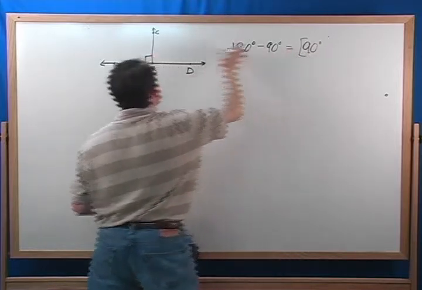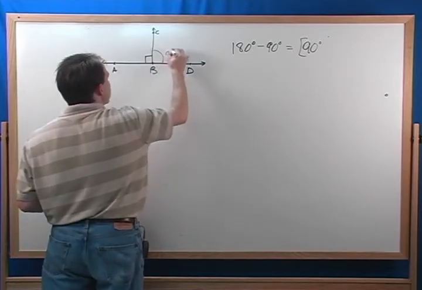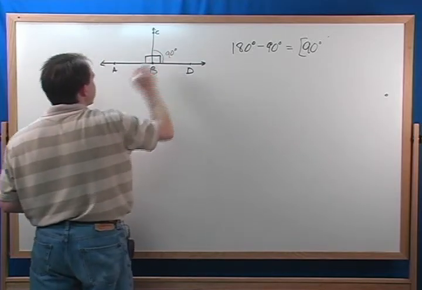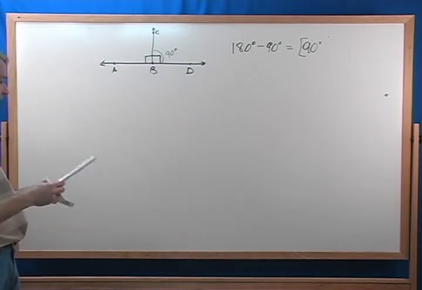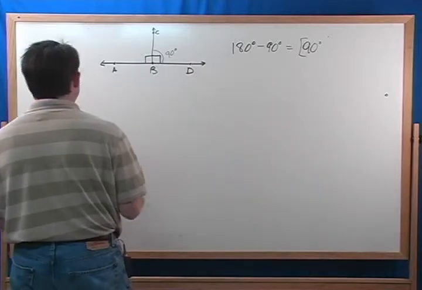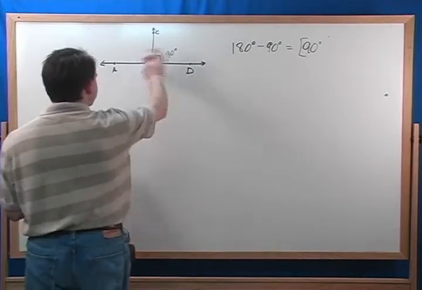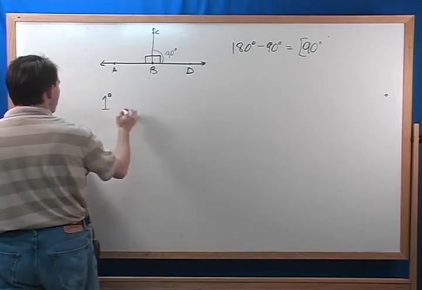90 degrees is the supplement to 90 degrees. So this is 90 degrees as well, which you can also write as another right angle. So the supplement of 90 degrees is also 90 degrees. And that's just because they add up to 180. There's nothing magical here. We can also ask ourselves, even without a drawing, what would be the supplement of 1 degree?